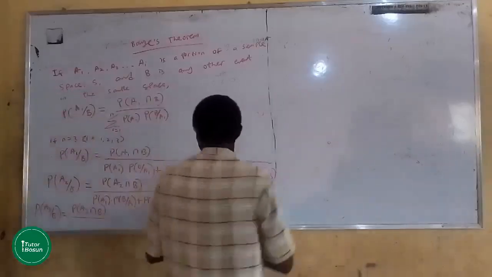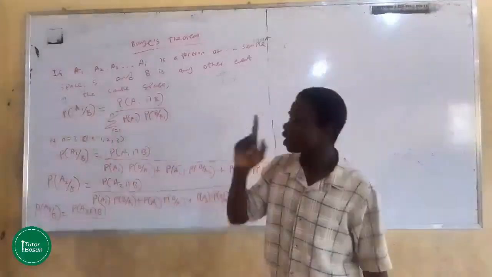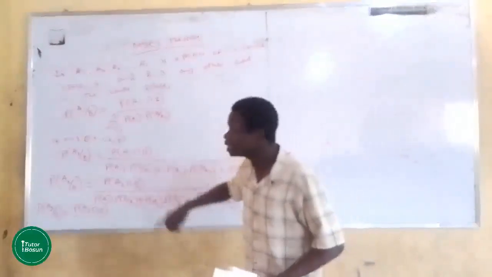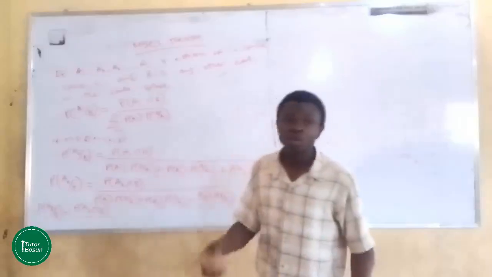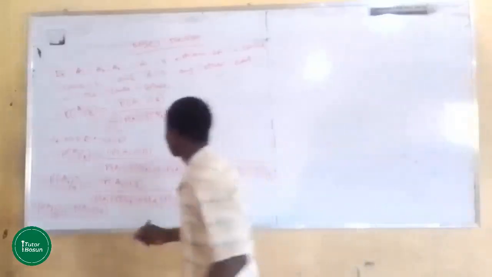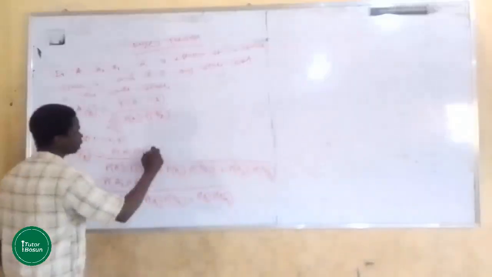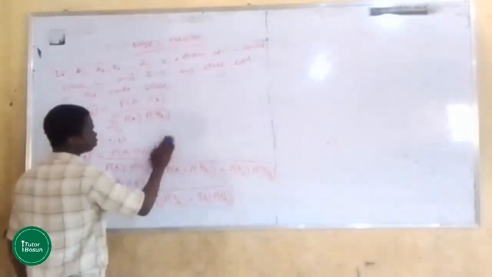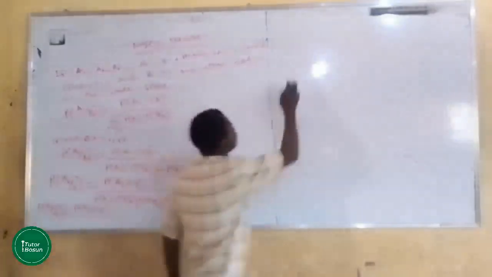And mind you, from your idea of conditional probability, you can break this intersection down into a conditional probability and a probability. Let me rewrite it.